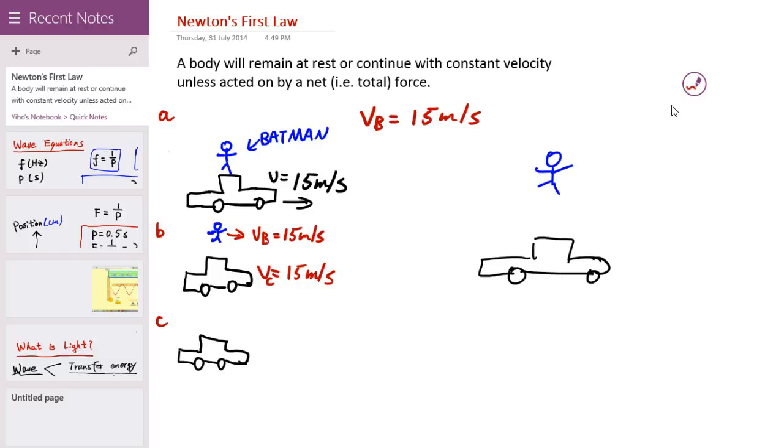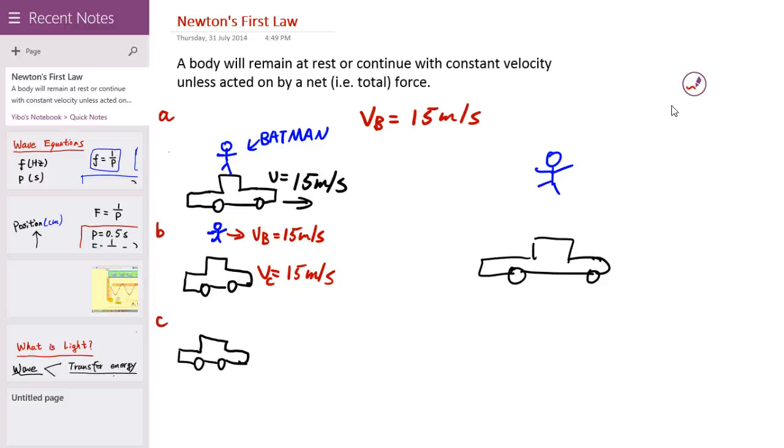This is because initially Batman is at this constant speed. Batman jumps up and falls down. While in the air, there are only vertical forces: the force of the jump, and gravity pulling Batman down. But horizontally, there is no net force.